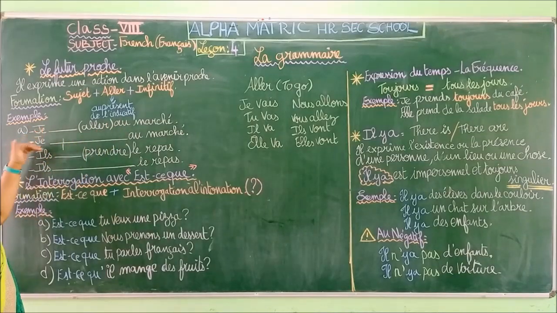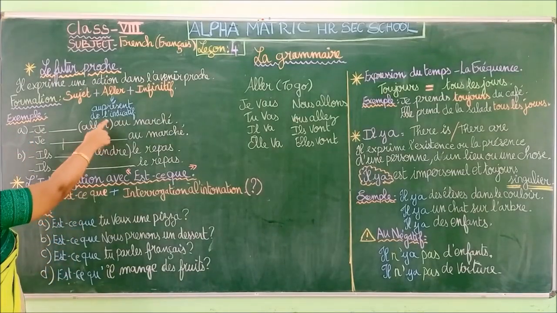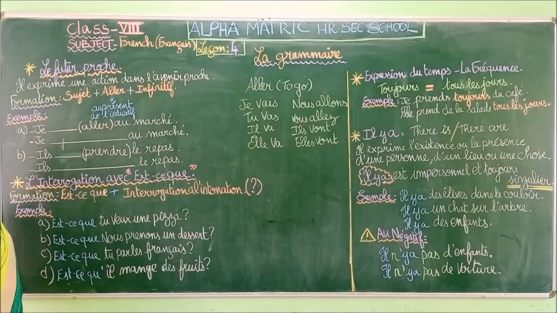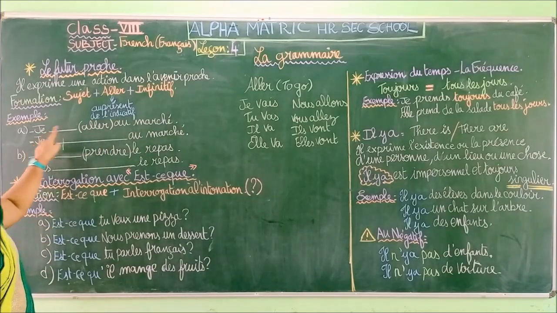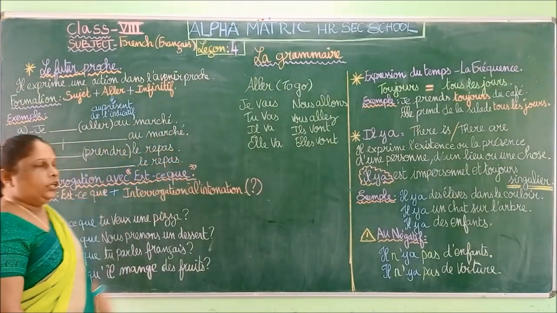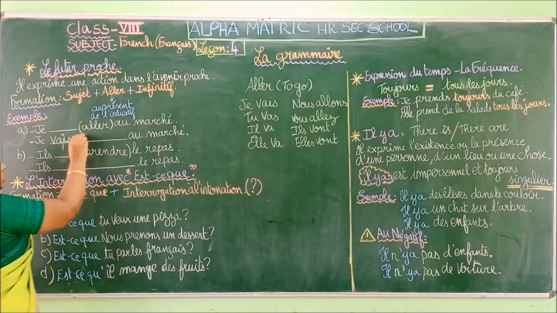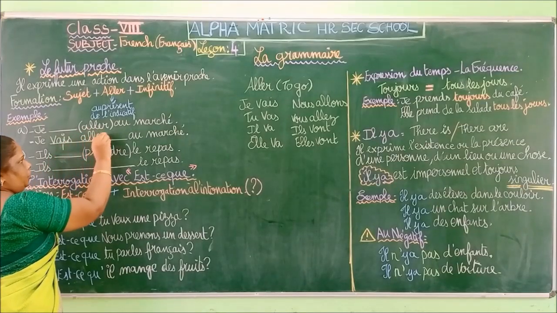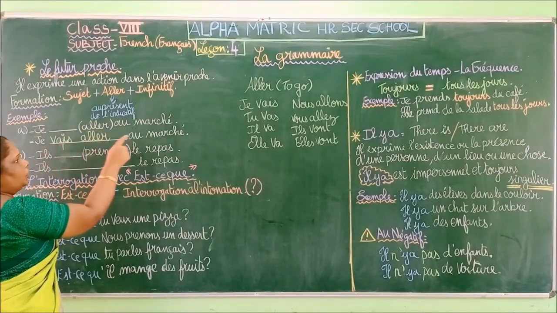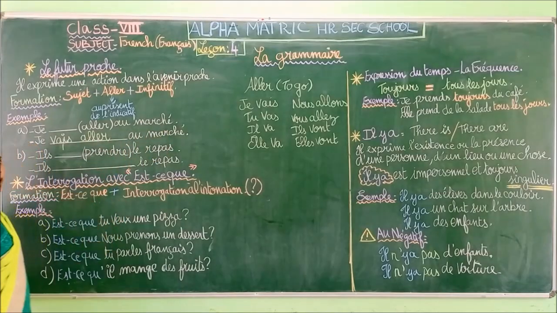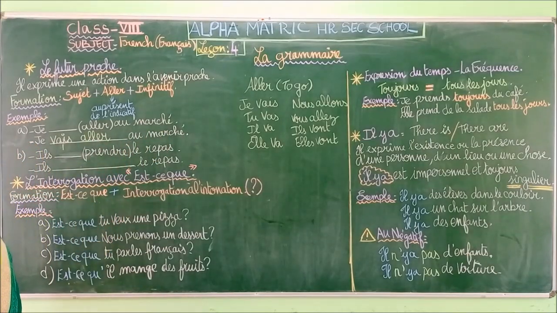You have to change it into futur proche. So what are we going to do? We are going to find the verb aller. Je vais. So the verb aller remains the same. Je vais aller au marché. I am going to go to the market. So that is the answer for this exercise.